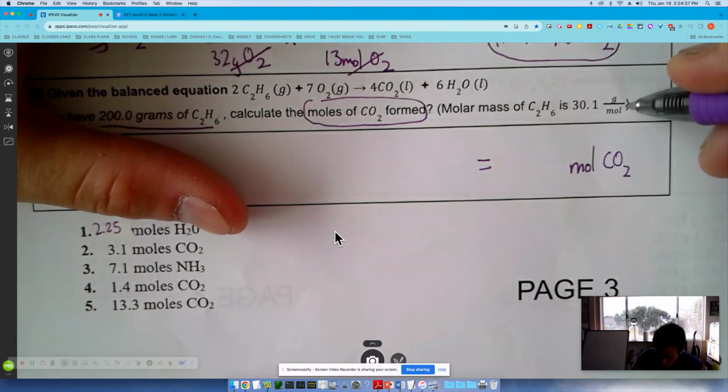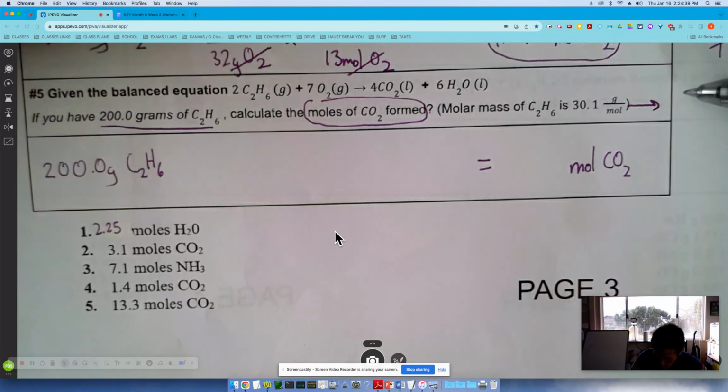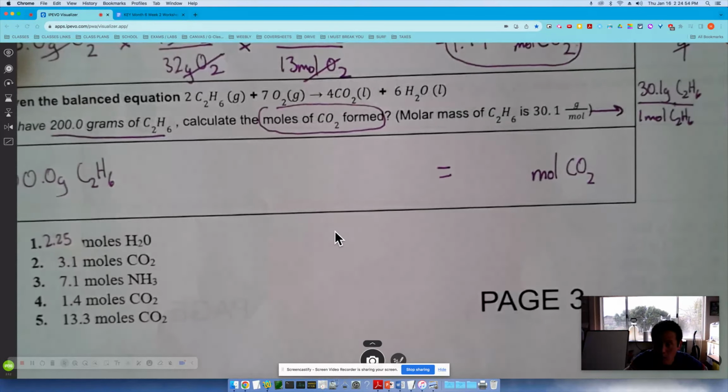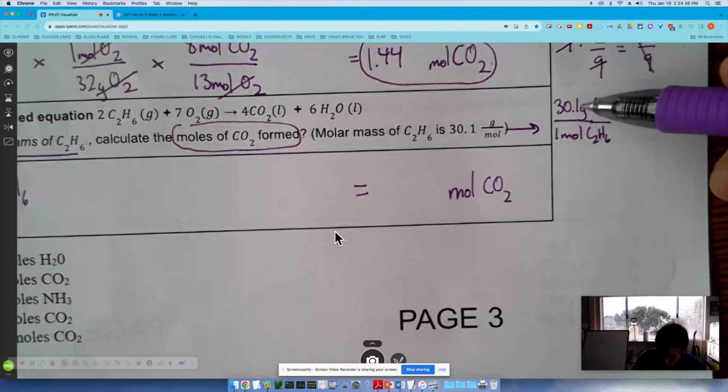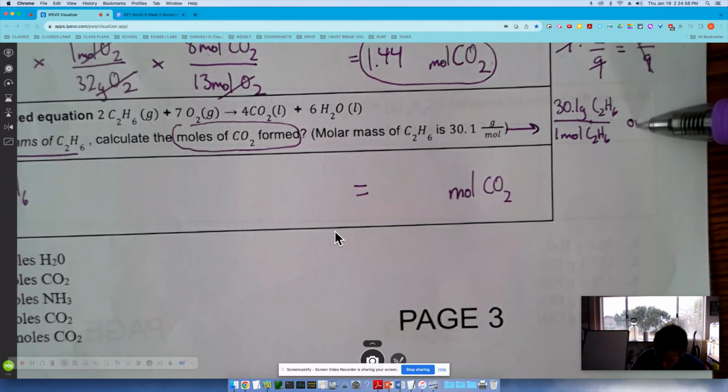What this means, if I could expand on that, is for every 1 mole of C2H6, that weighs 30.1 grams of C2H6. Sorry, let me move this over just a little bit. You could also write this ratio, or this conversion factor, where you flip the numerator with the denominator.